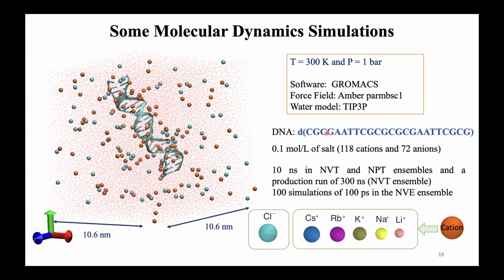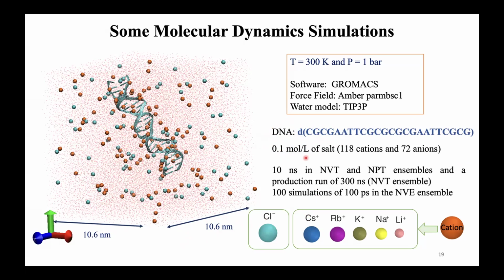The DNA fragment was 24 base pairs long with the following sequence, and it was placed in a cubic water box of about 100 angstroms per side. Salt was added at a concentration of 0.1 molar.